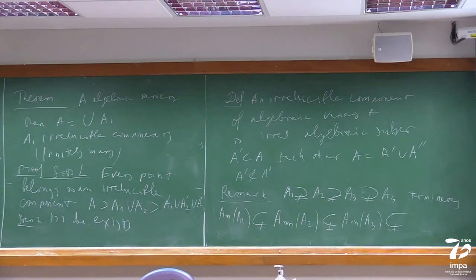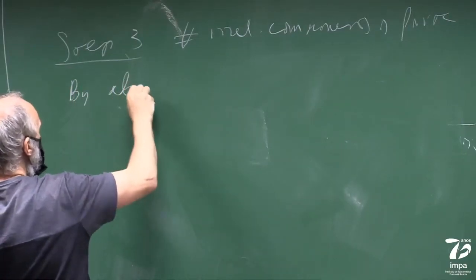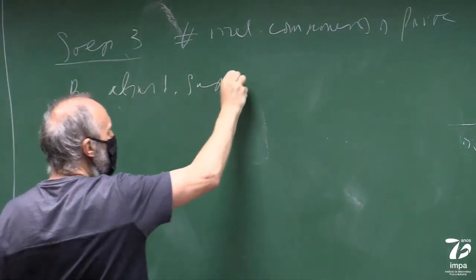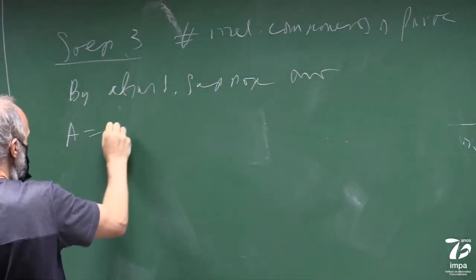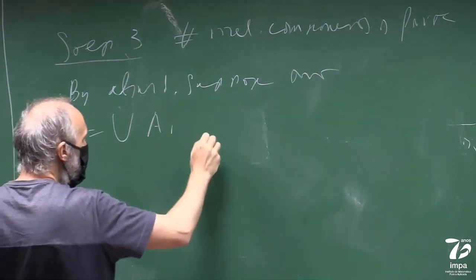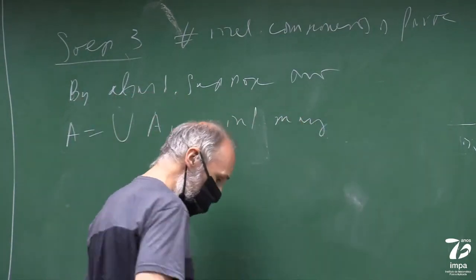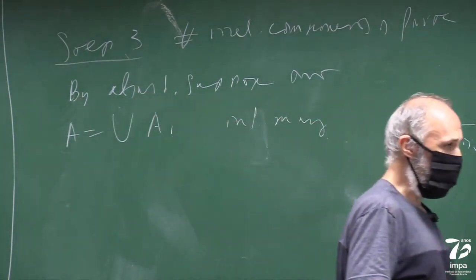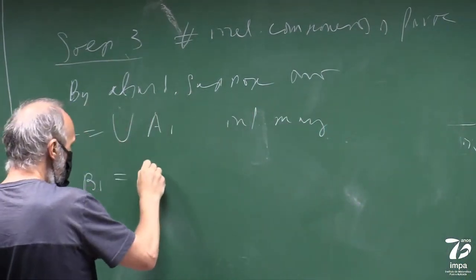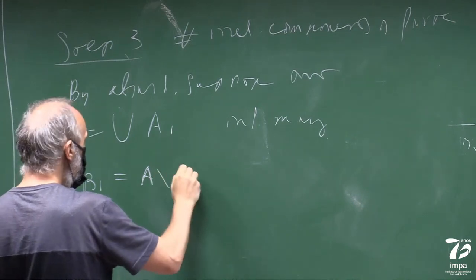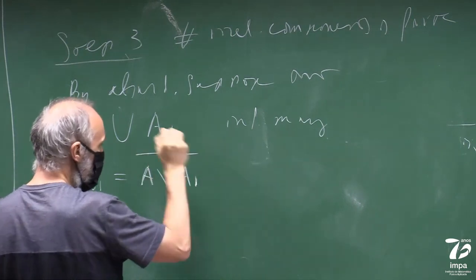Suppose, by absurd, that A is a union of AI, infinitely many, and I define BI as A without AI, and then I take what is called the Zariski closure.